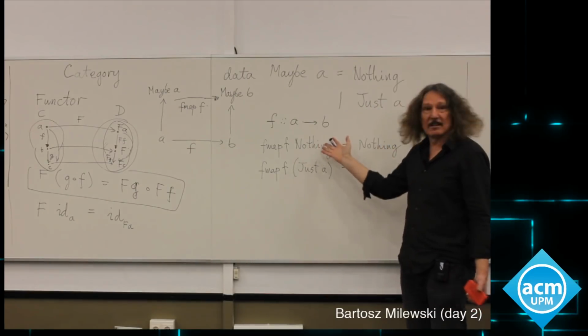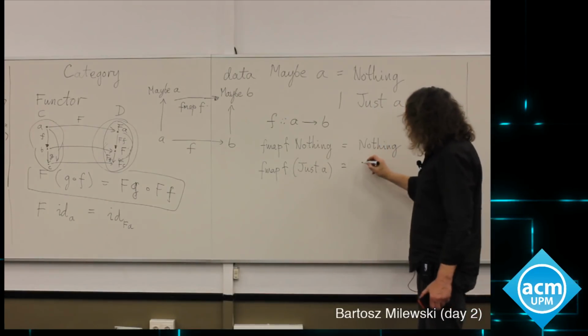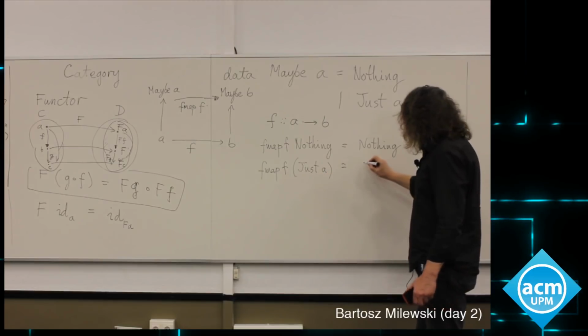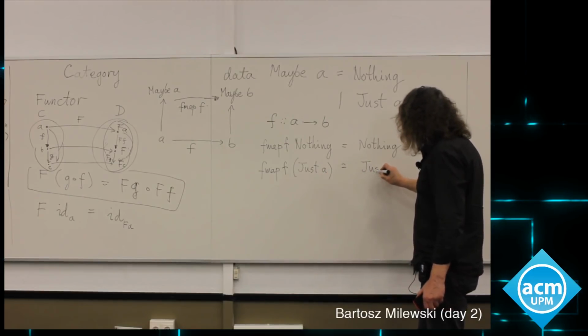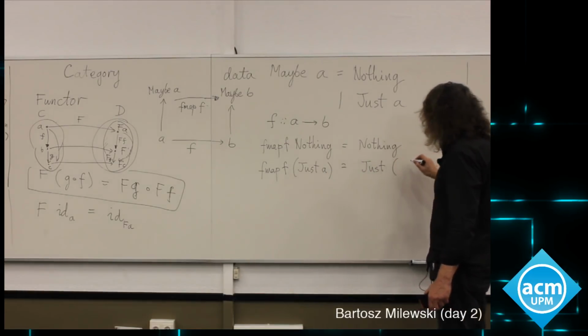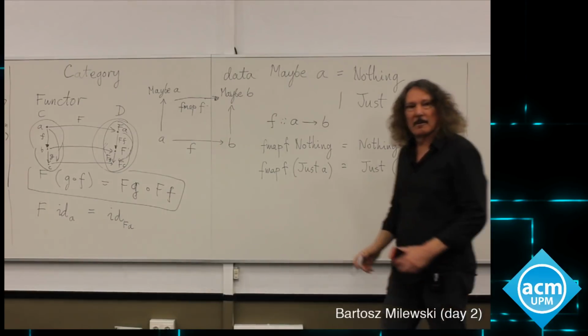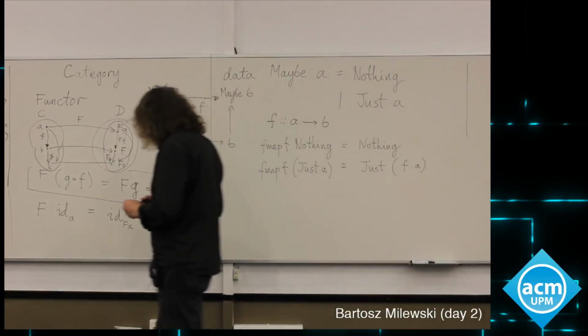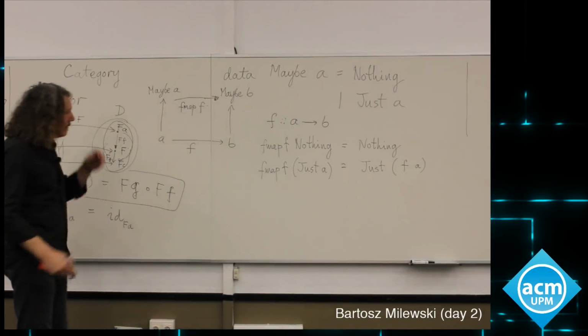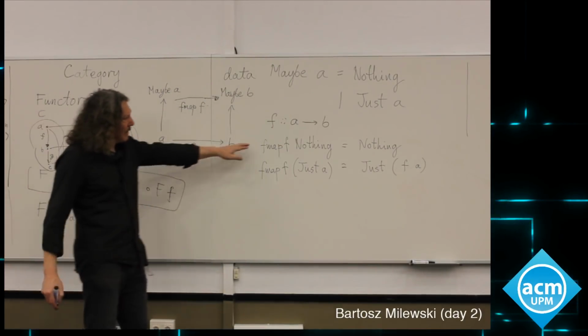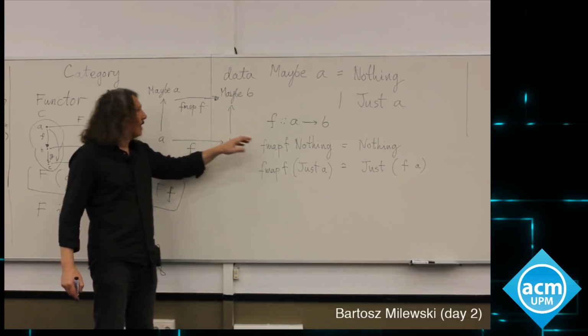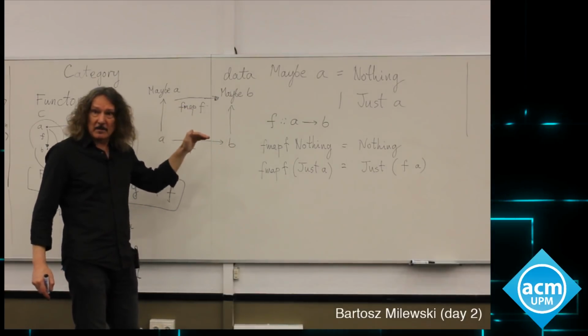It doesn't have anything to return. On Just A, we define it as returning Just of f acting on A. And that's the definition. So fmap is this part of the functor that works on morphisms.